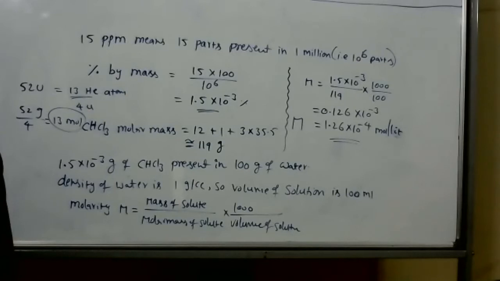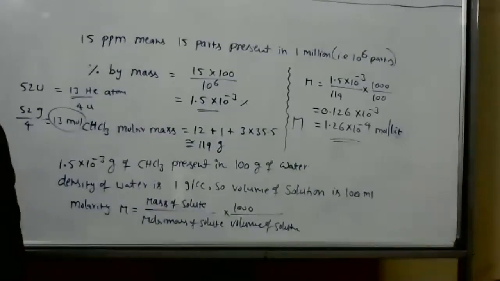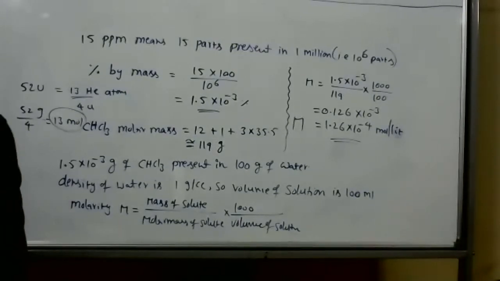Okay. So a sample of ammonium phosphate contains 6.36 moles of hydrogen atoms. The number of moles of oxygen atoms in the sample is. Okay.